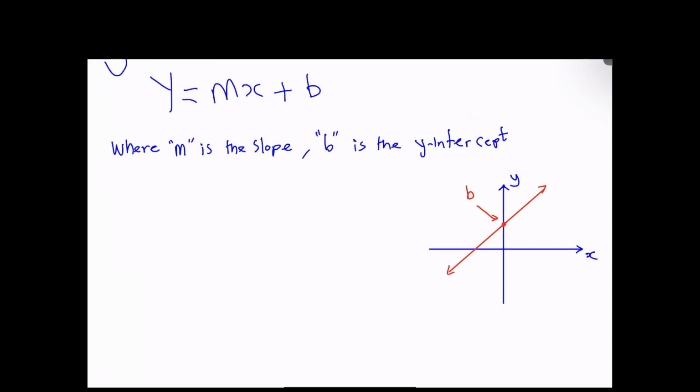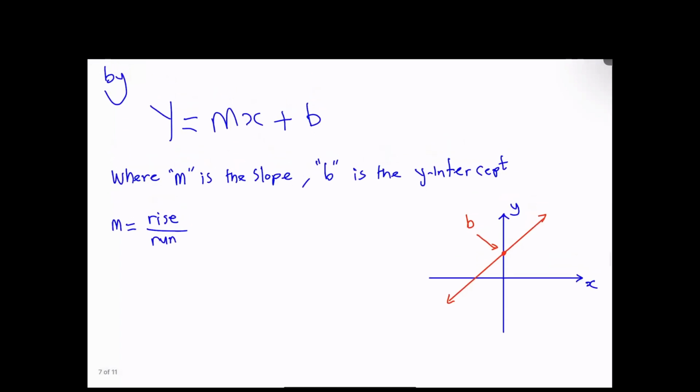The line itself is the slope, how steep it is. If it's flat, there's no slope, obviously. But note that the b here is the y-intercept, so that is this dot here. But this m itself is rise over run.